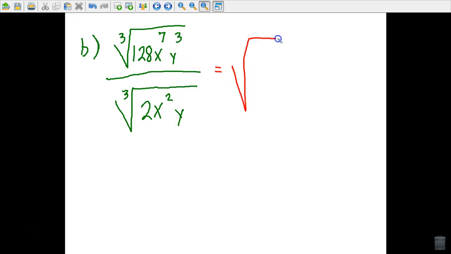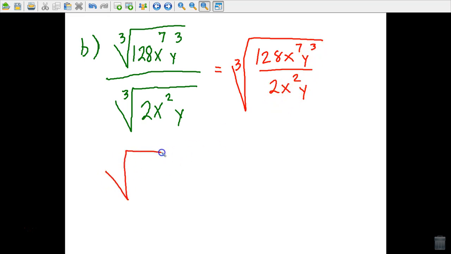So really, I'm better off thinking of this, instead of two separate radicals, as the cube root of the fraction 128x to the 7, y to the third over 2x squared, because then I'm actually going to be doing the cube root of 64x to the fifth, y to the second. Okay? And now I'm back to where we were previously.